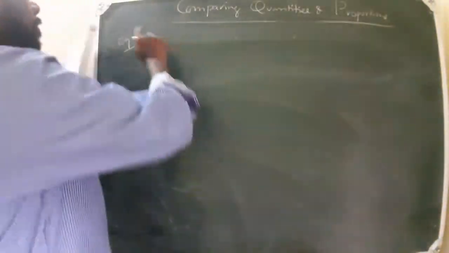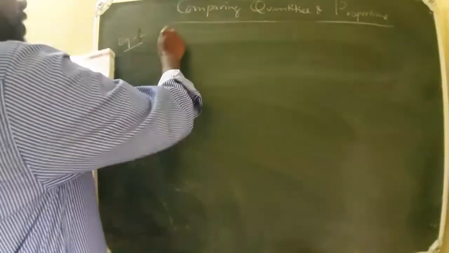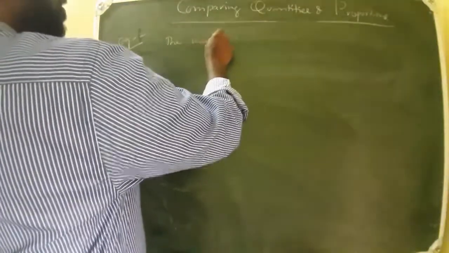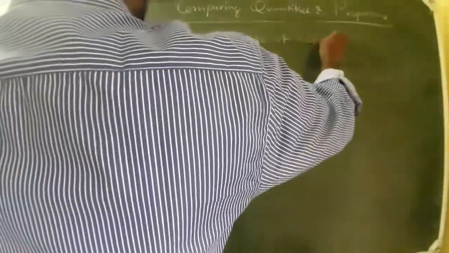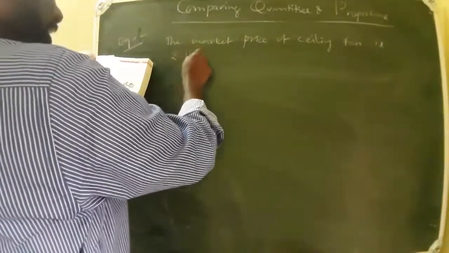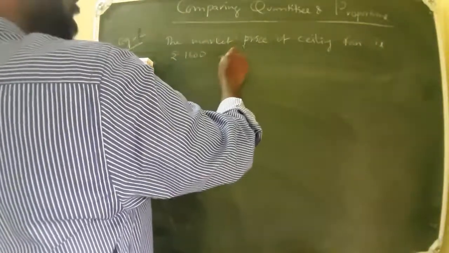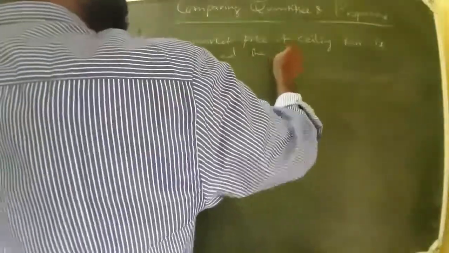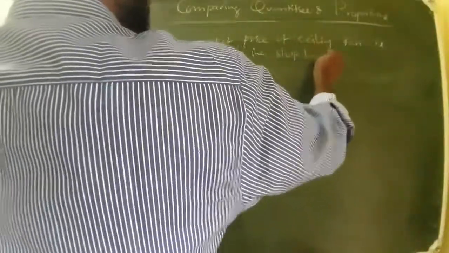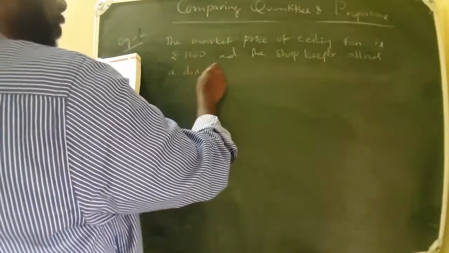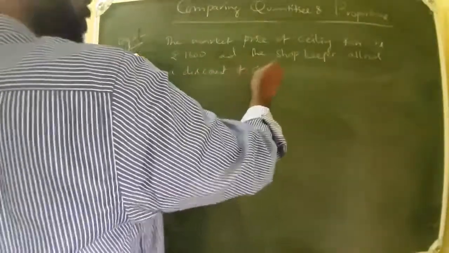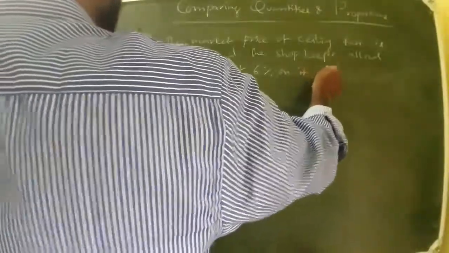Example 2. The market price of a ceiling fan is rupees 1,600 and the shopkeeper allows a discount of 6% on it.